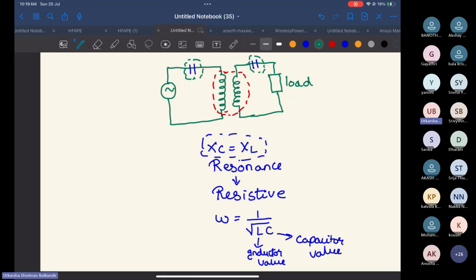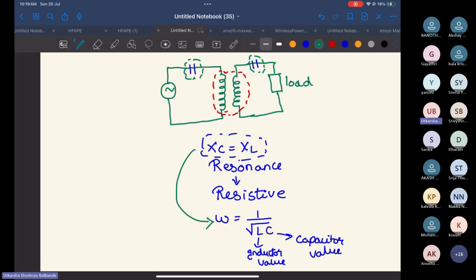So how to add this capacitor? For making the circuit operate at resonance, the condition is XC equals XL. Through this, this has arrived.